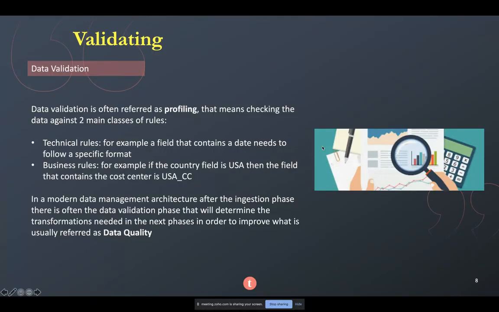It can also happen that you validate the data in the sources first, before acquiring them, so before ingesting them into your system, and then decide to perform ingestion afterwards with specific rules. Usually, this discipline is well known as data quality.